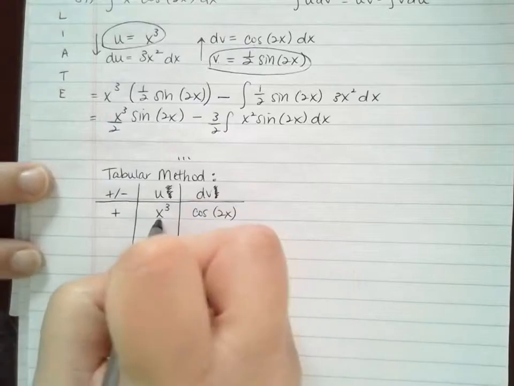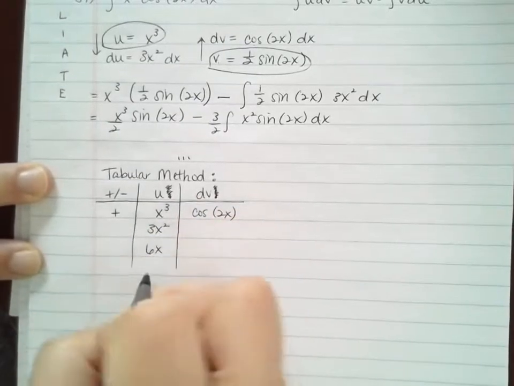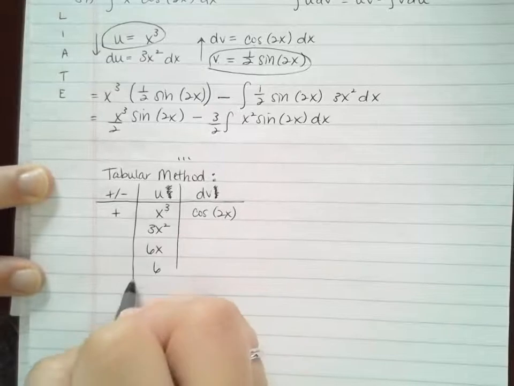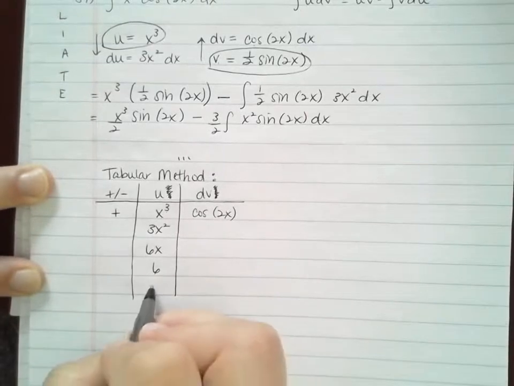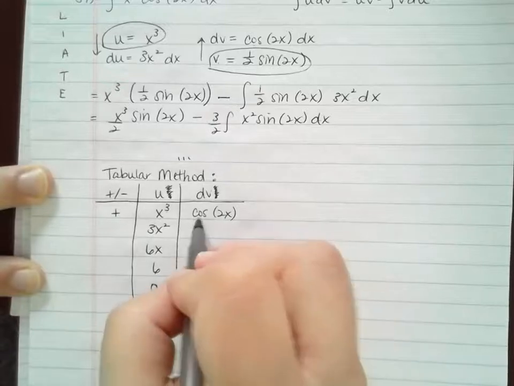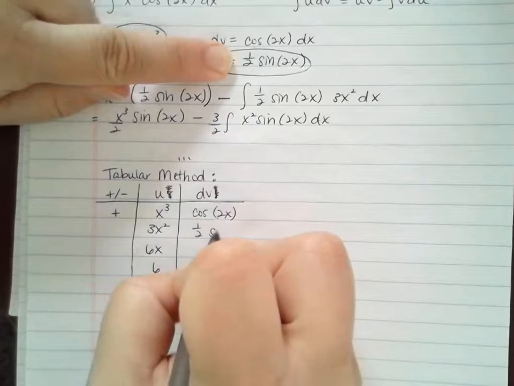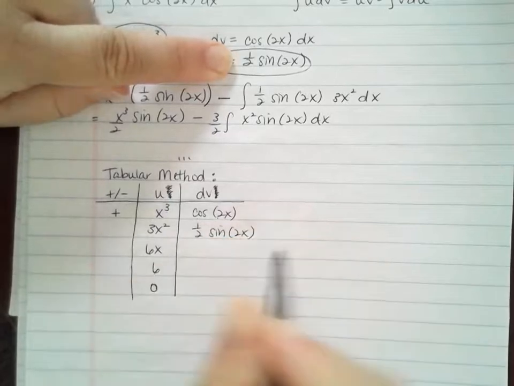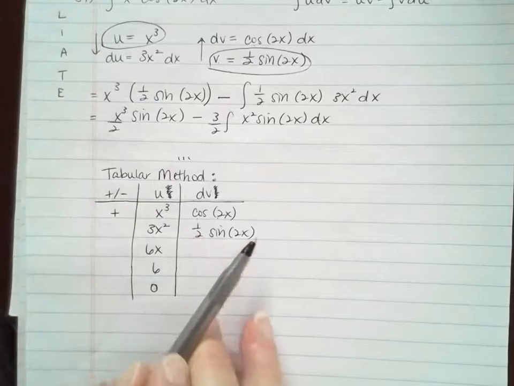So the derivative of x cubed is 3x squared, followed by 6x, followed by 6, and then followed by 0. Okay. The integral of this, we saw the first one, and it was 1/2 sine 2x. And I hope that draws your attention to the fact that the coefficient will be the reciprocal of what's inside.